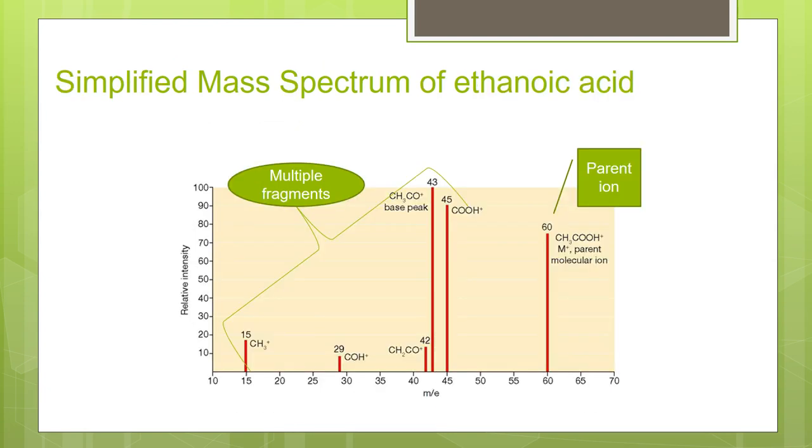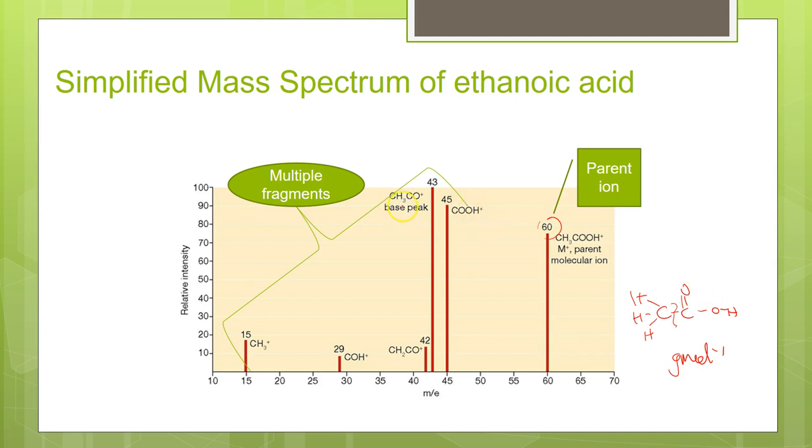So if we look at ethanoic acid, remembering that ethanoic acid has two carbons, carboxylic acid, and then the CH3 group, we can see here that if this whole molecule is ionized, we get the parent ion at 60, because this would have 60 grams per mole as our molar mass. We will see peaks at 45, which would be the breaking off here, and the C double bond OH becoming ionized.